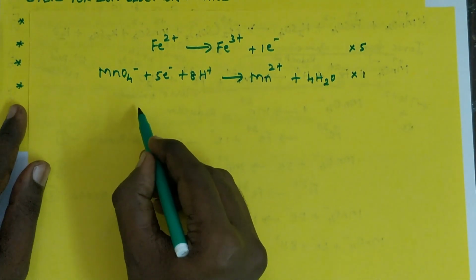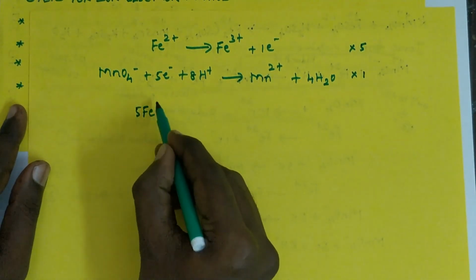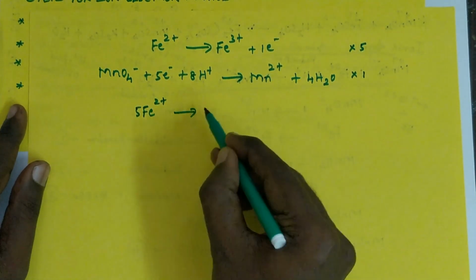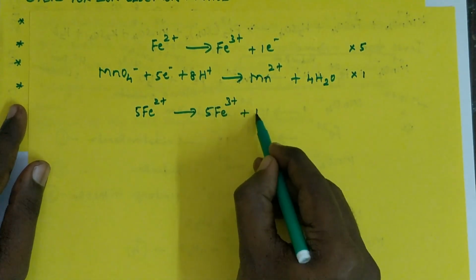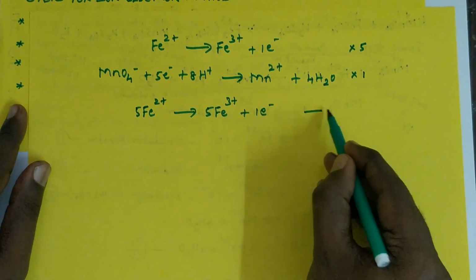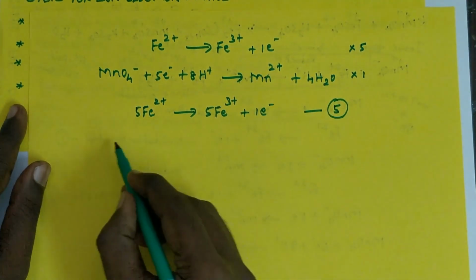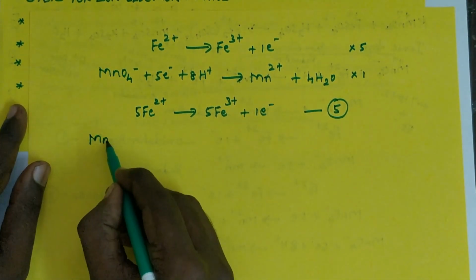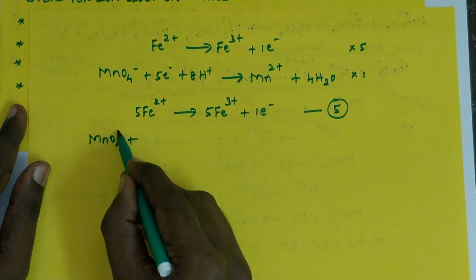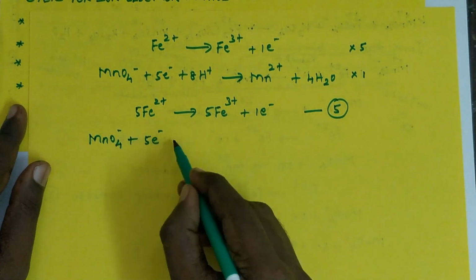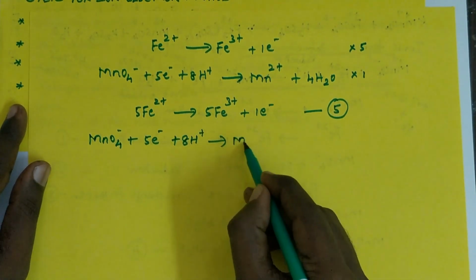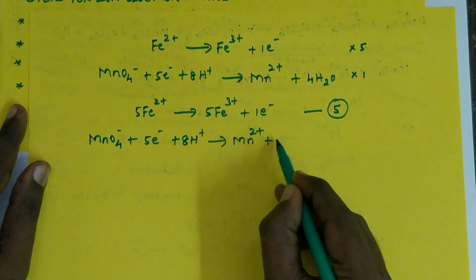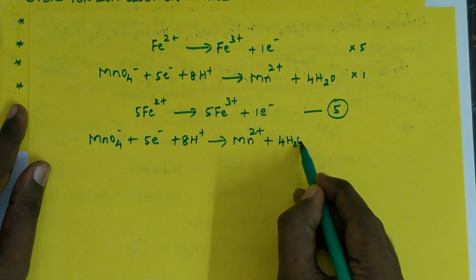Then we get 5 Fe2+ gives 5 Fe3+ plus 5 electrons. So this equation is 5. And the next one multiplied by 1 means as it is. So MnO4- plus 5 electrons plus 8 H+ gives Mn2+ plus 4 H2O.